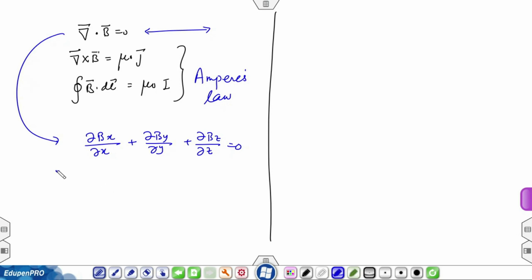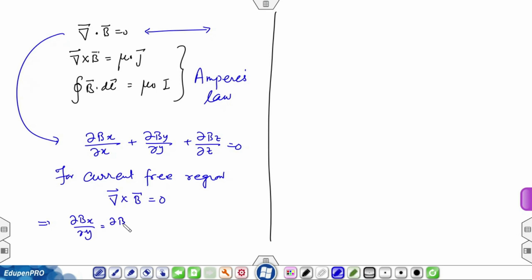Similarly, for current free region, I am going to have curl of B is equal to 0, and this implies that partial Bx partial y equals partial By partial x, partial Bz partial y equals partial By partial z, and so on.